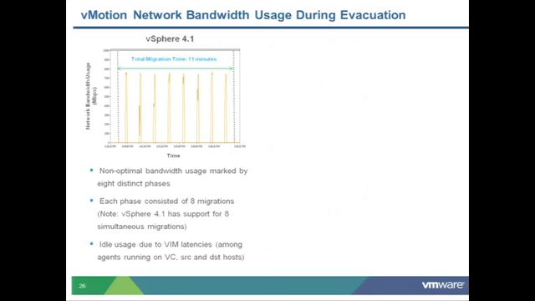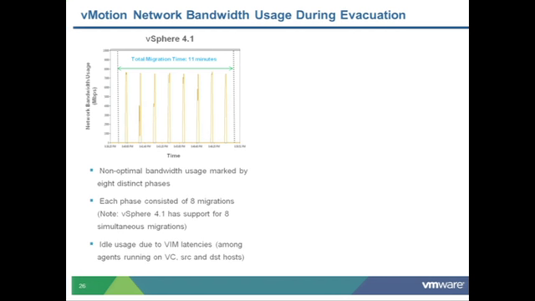Here I'm looking at the network utilization during the migration scenario. We support up to 8 concurrent vMotions at a given time. We had about 64 total migrations that were needed, so that turned into 8 different phases. And in each of these 8 phases, we had 8 vMotions going on.